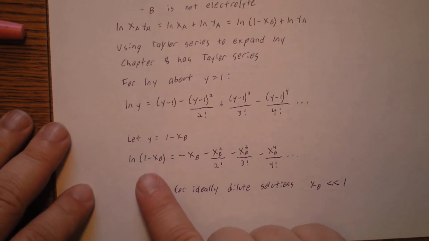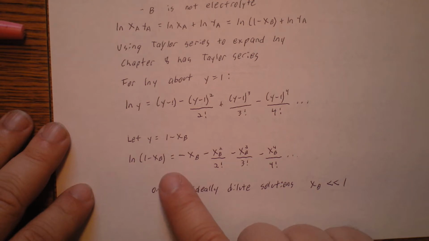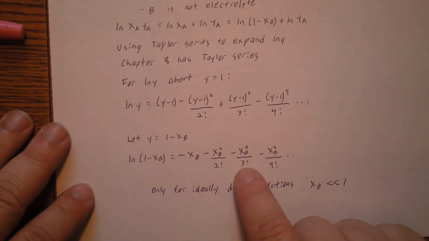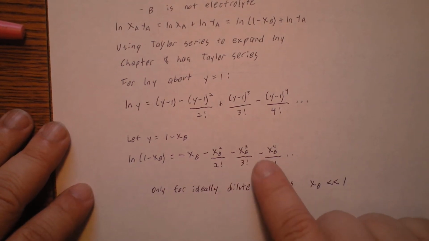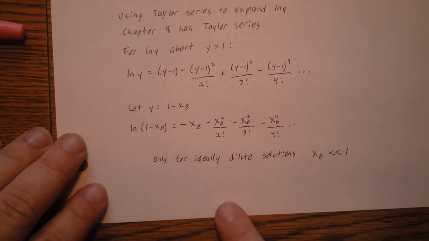Well, then the natural log of 1 minus xB is going to be just equal to minus xB minus xB squared over 2 factorial minus xB cubed over 3 factorial minus xB to the 4th over 4 factorial, etc.